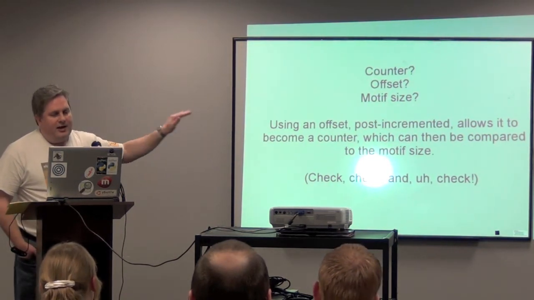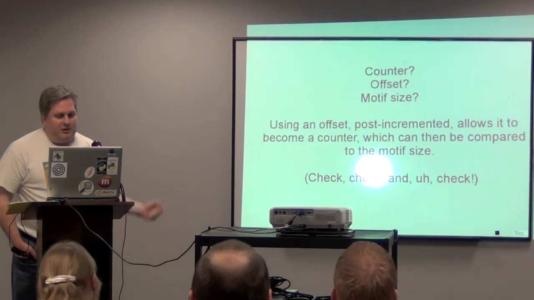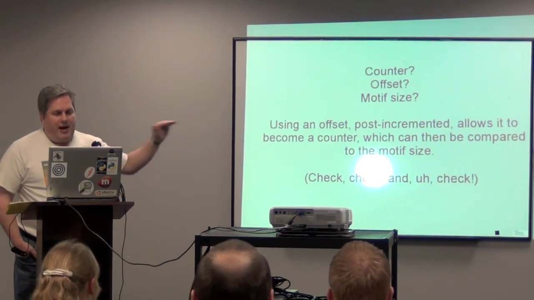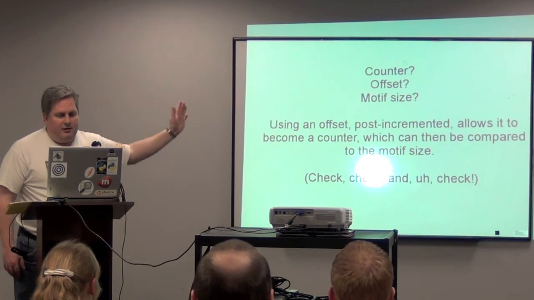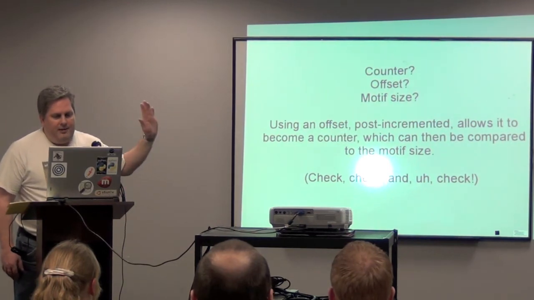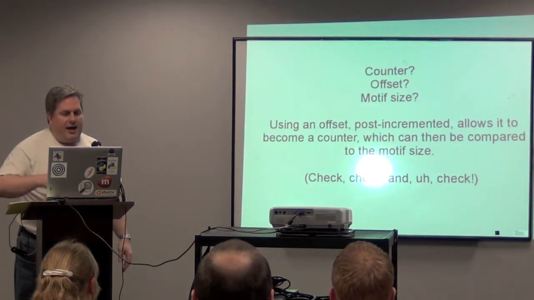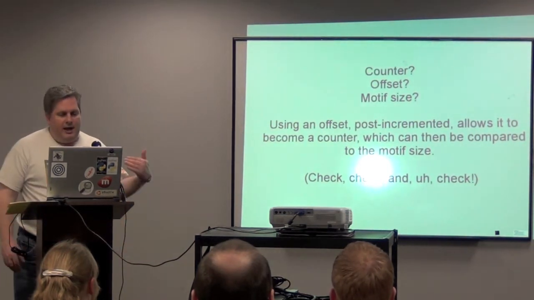Through each iteration, it starts as an offset, which is what I properly should be referring to it as. And once it passes the test to see if it matches the appropriate character, then I increment it. So I'm post-incrementing, and that makes it suddenly become a counter.